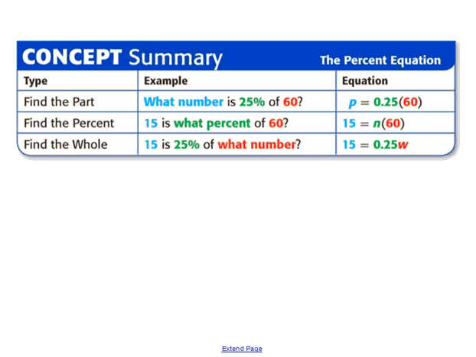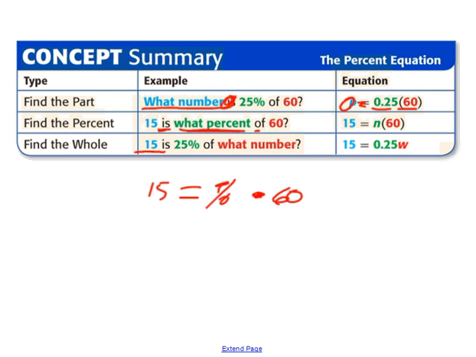Here's a concept summary. It says what number, meaning what part, is, if I think of is as my equal sign, so this is my unknown, here's my equal sign, that's from the word is, 25% of 60. So here, I've got 15 is, that's my equal sign, what percent, that's my unknown, so I'll just put a percent symbol in there, of, or that means times 60.